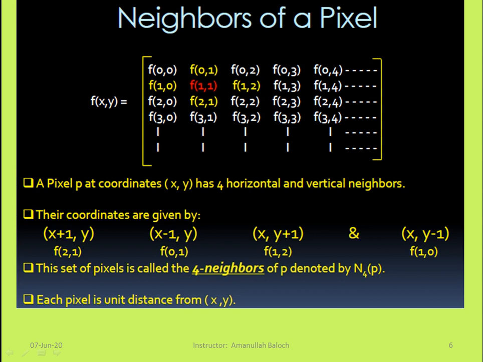All neighboring pixels are present at unit distance from the central pixel. Meaning that if we discuss the neighboring pixels of some pixel, then all the neighboring pixels lie at the distance of one unit.